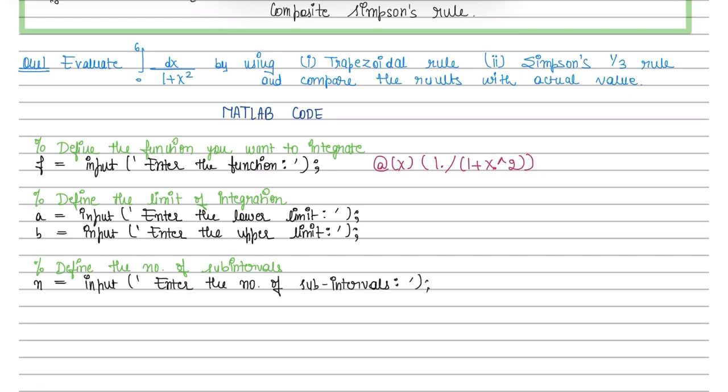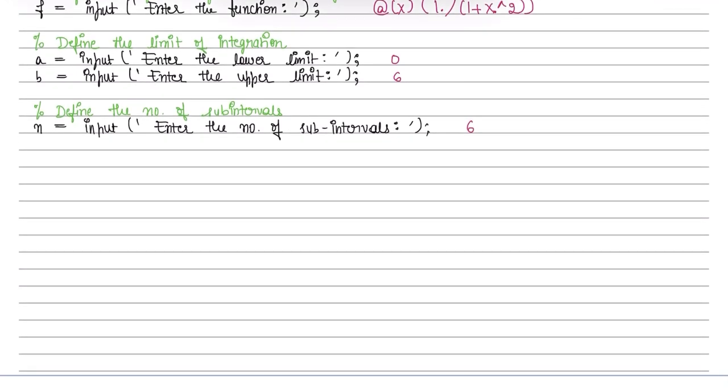In the given question we have the lower limit as 0 and upper limit as 6. Taking the value of h as 1, we have divided this interval into 6 equal parts, so the value of n will be 6. Calculating the step size, h is equal to upper limit minus lower limit divided by n.